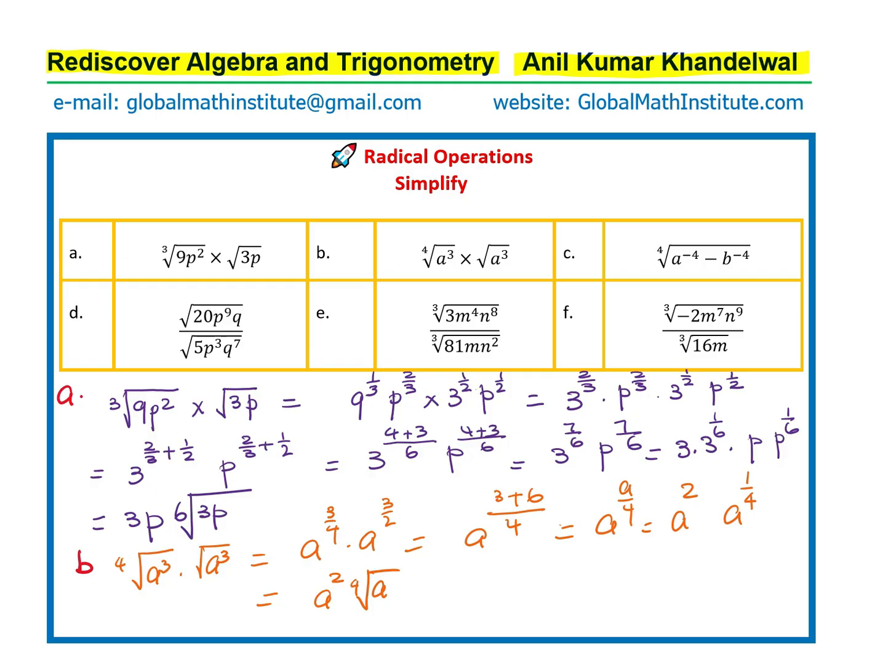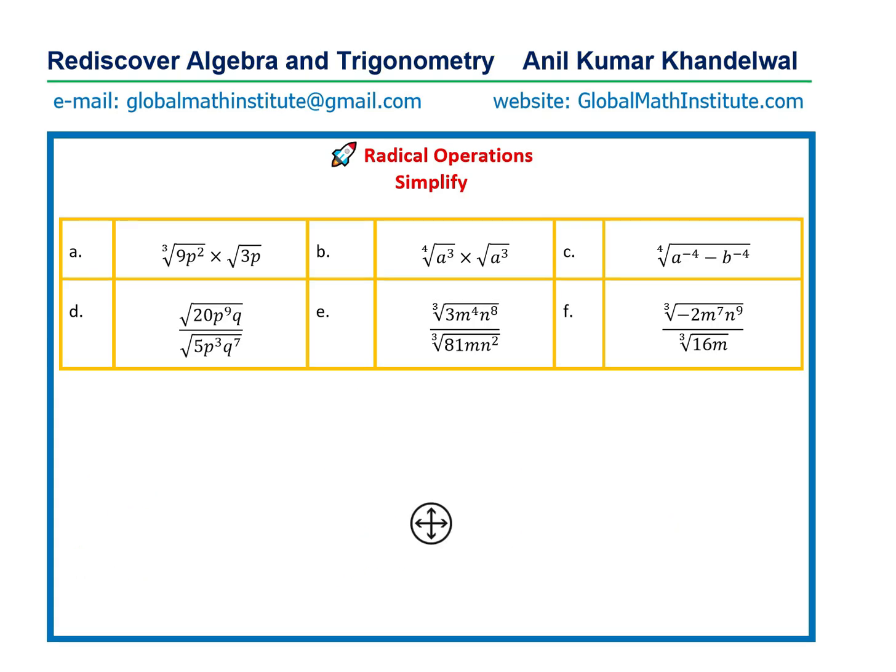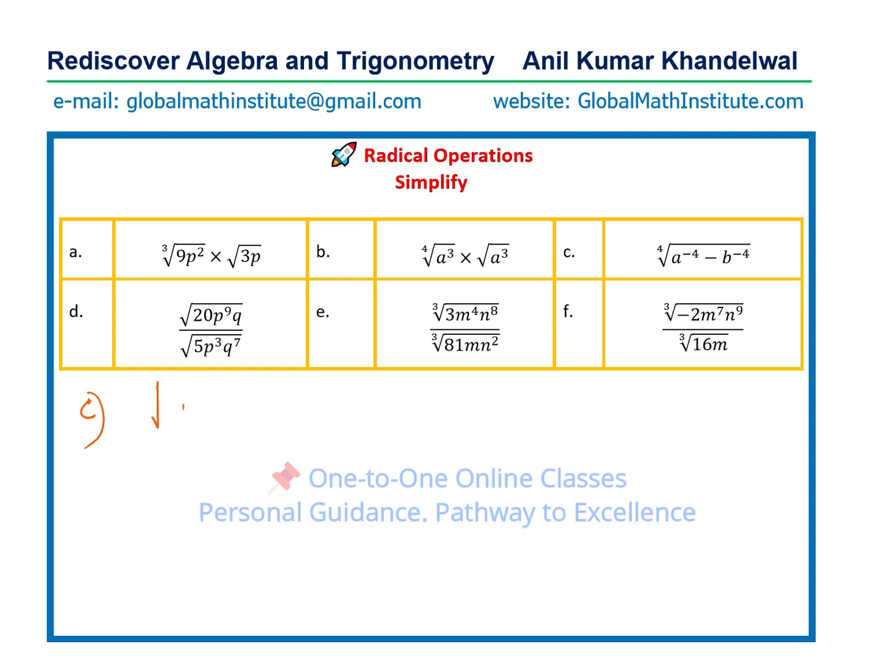Correct. Now others are not that difficult, so I'll take on a fresh page 2 of them. So let's take C, which is 4th root of a to the power of minus 4 minus b to the power of minus 4.